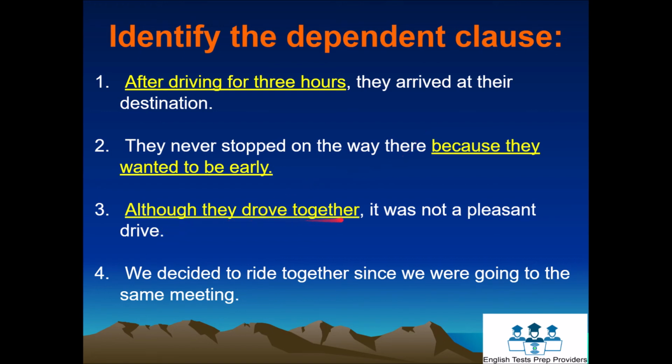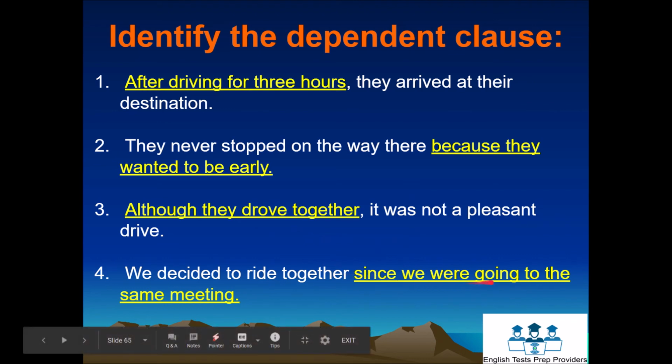"Although they drove together" is our dependent clause, and it is introduced with a subordinator, "although." Lastly, "We decided to write together since we were going to the same meeting." So our dependent clause is "since we were going to the same meeting," and our subordinator is "since."